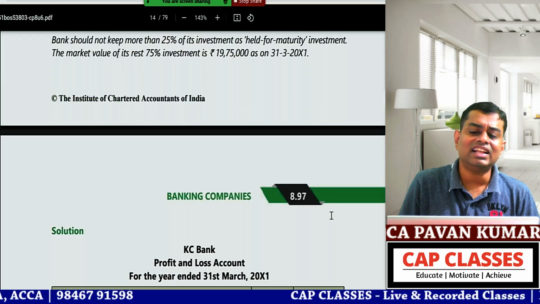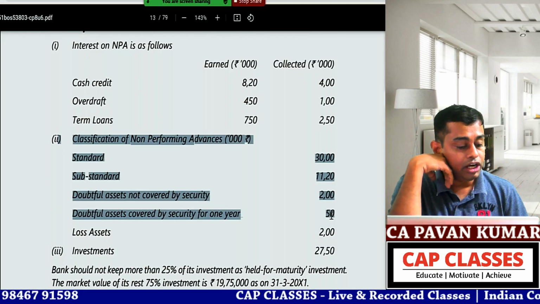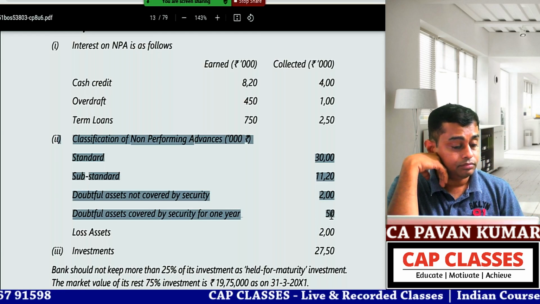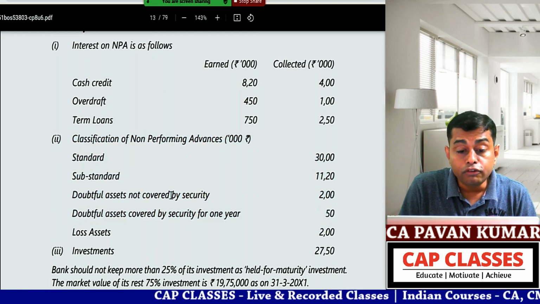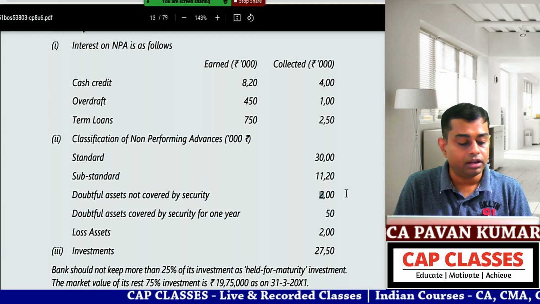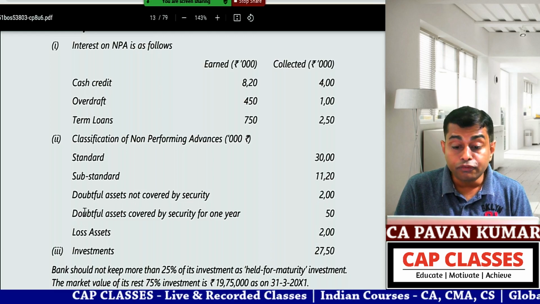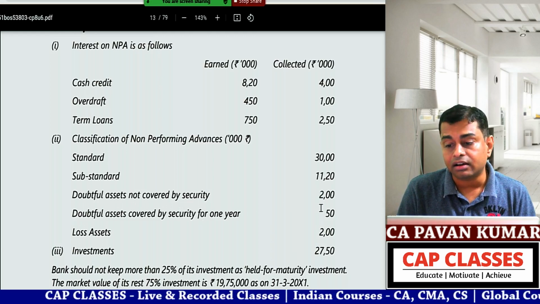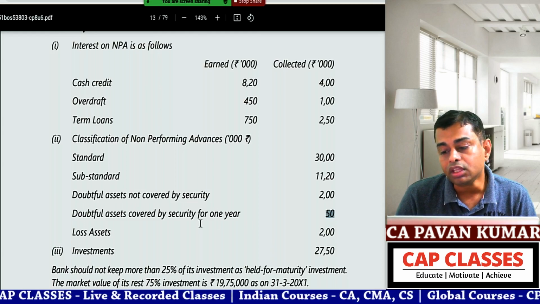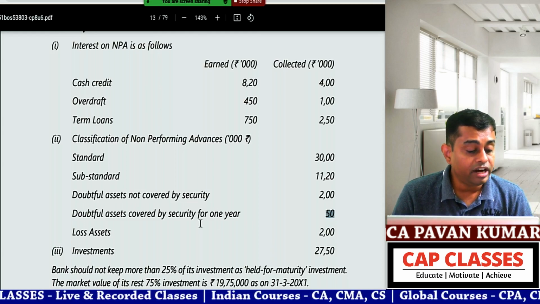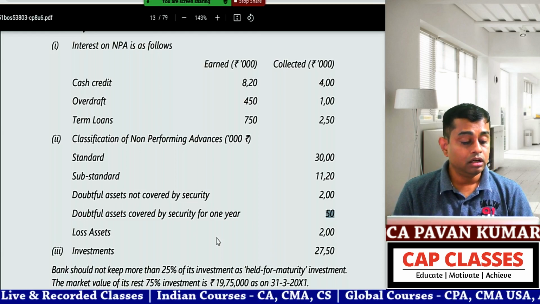Substandard, both categories are there, secured and unsecured, but we assume secured, no? So into 0.15, plus. Then doubtful assets not covered by security, we'll take total. Doubtful assets covered by security for 1 year, 50. On this 50, how much do we need to apply? 25%, plus. Then loss assets 200.